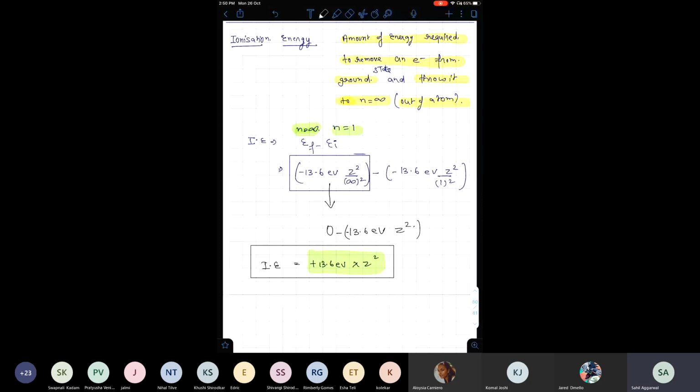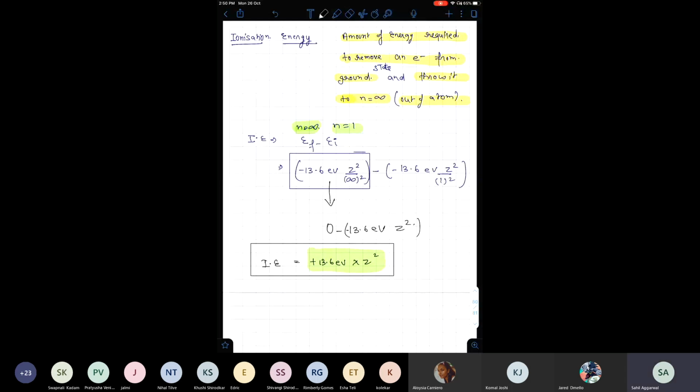Can we say ionization energy depends only on the atomic number?